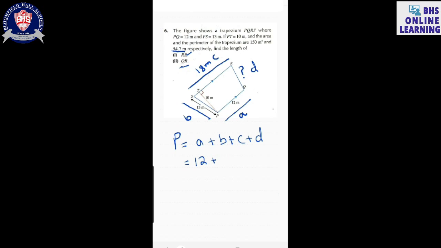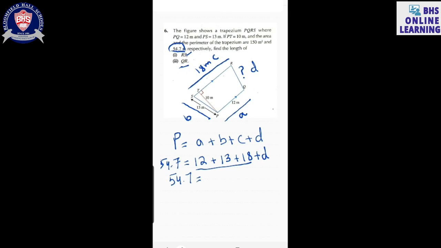I know the value of B, which is 13. I know the value of C, which is 18. But I don't know the value of D, so I write D as it is. And I know in the question, the perimeter is given, which is 54.7. So I'm writing 54.7 over here.